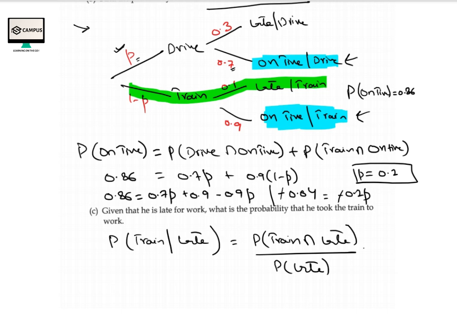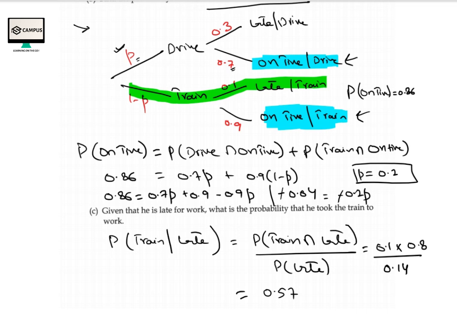So let's solve it. The numerator would be 0.1 multiplied by 1 minus p. p was 0.2, so that is 0.8. As far as the denominator is concerned, that was 1 minus 0.86, so 0.14. Solving it real quick, the answer is 0.57. So this is the probability that Chen takes a train to work, given that he was late for work.